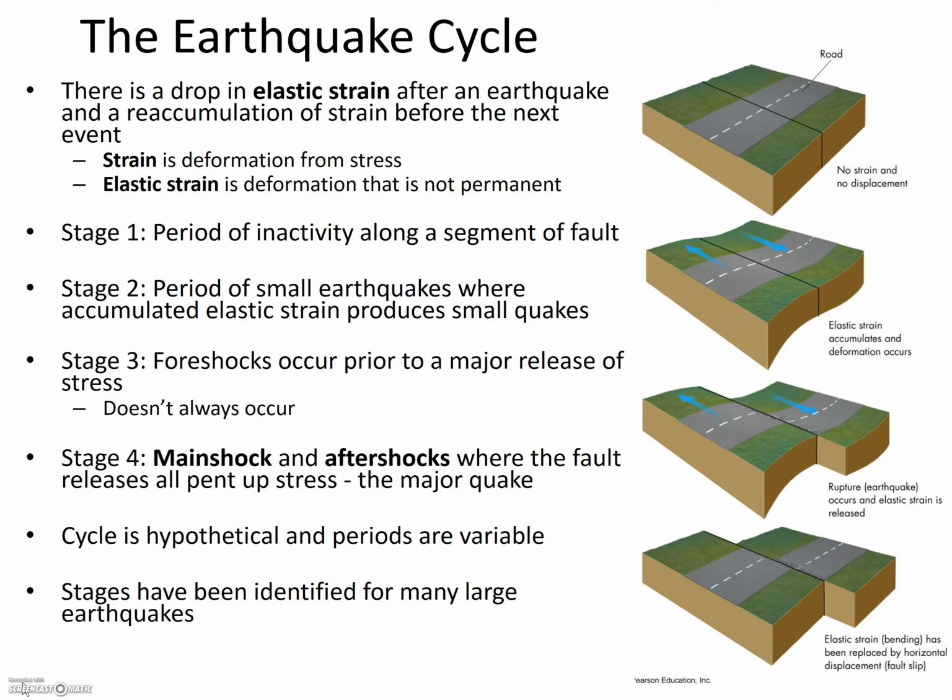However, foreshocks don't always occur. Stage 4 is the main shock and aftershocks, where the fault releases all pent-up stress. This is the major quake. The cycle is hypothetical and periods are variable, but stages have been identified for many large earthquakes.